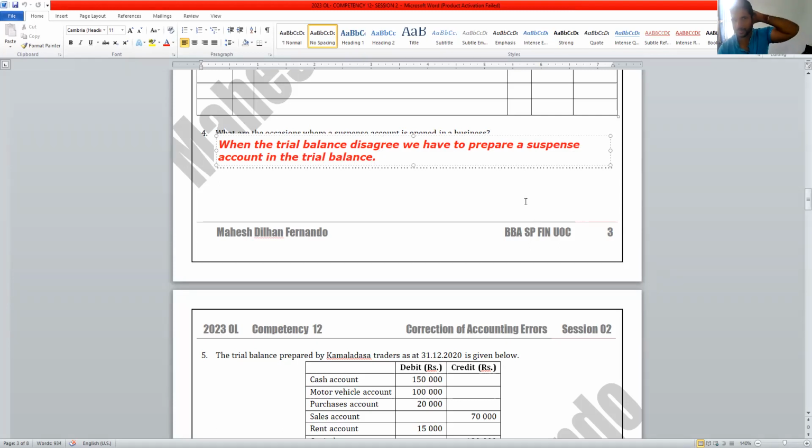So what is the occasion? When the trial balance disagree. Okay, good.